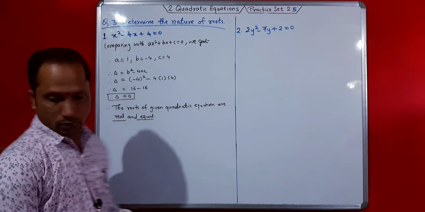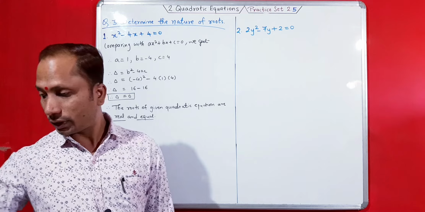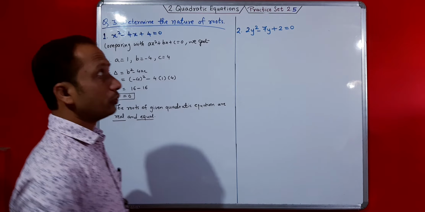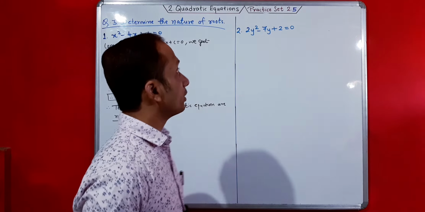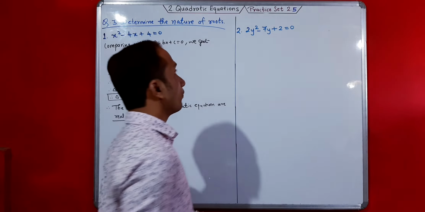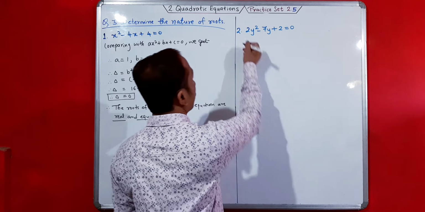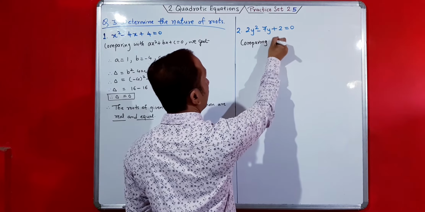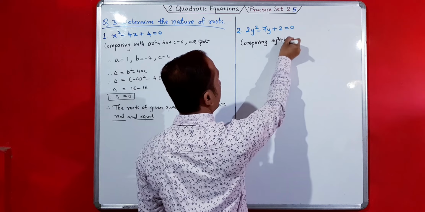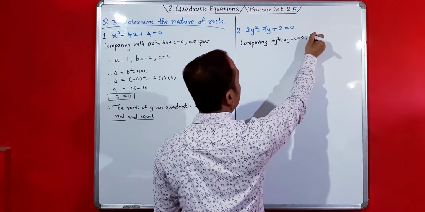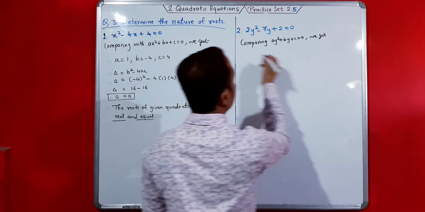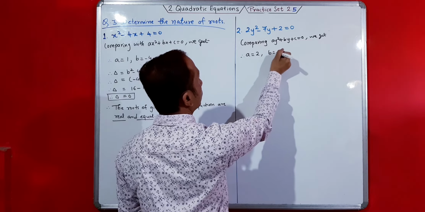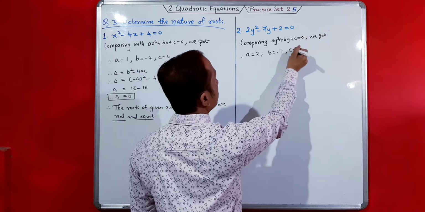Then come to the second problem. What is the second problem here? 2y square minus 7y plus 2 is equal to 0. Comparing with ay square plus by plus c is equal to 0, we get a is equal to 2, b is equal to minus 7, and c is equal to 2.